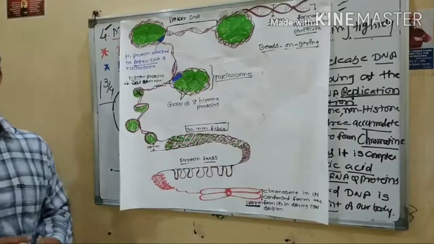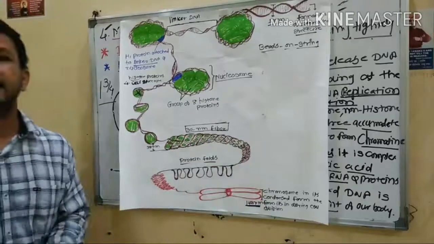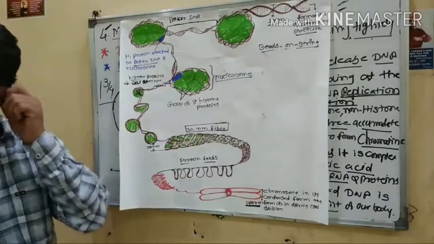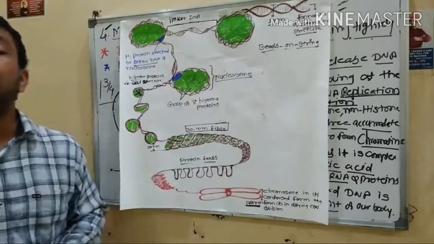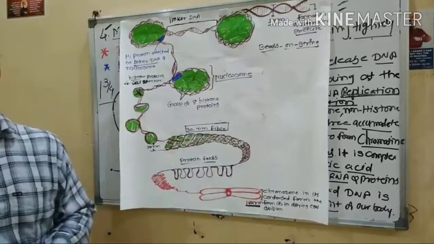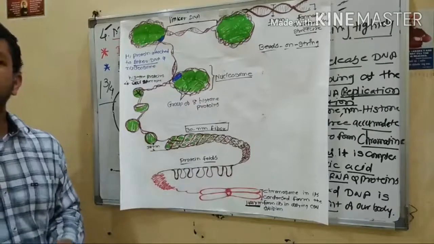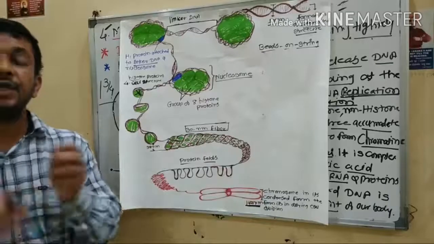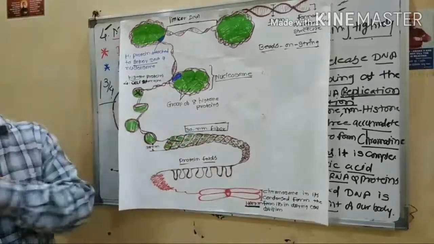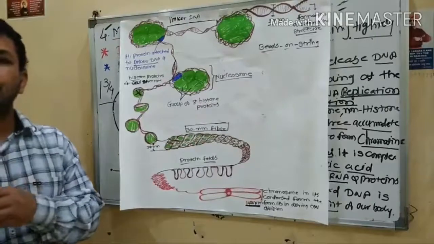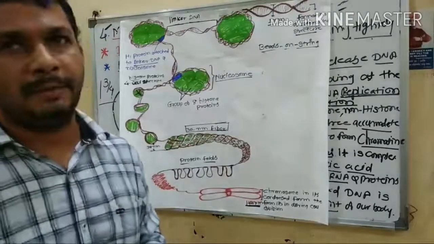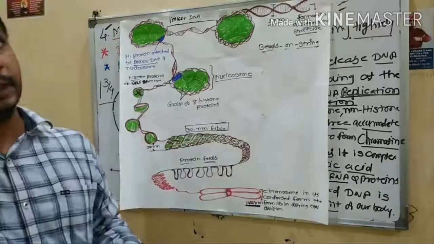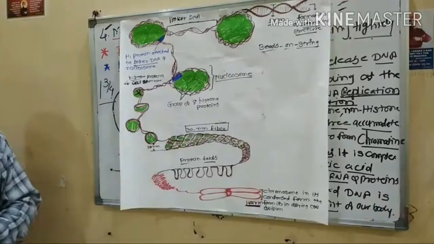Then, the packaging of chromatin at a higher level needs an additional set of proteins that are called non-histone chromosomal proteins, or NSC. These are additional proteins that contribute to the packaging of chromatin at a higher level, that is heterochromatin and euchromatin fibers. We can study the details about heterochromatin fibers.